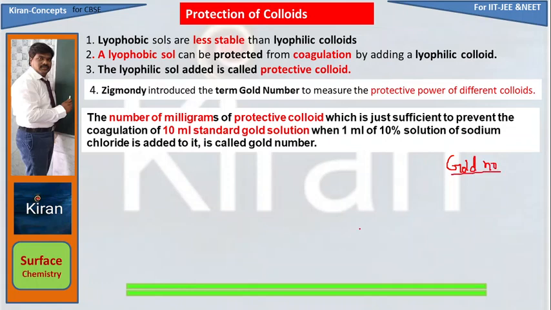Gold number means, see here, now I am preparing one solution. Observe carefully, most of the students get confused in calculating the gold number. This is one solution, a 10% NaCl solution. What is the meaning?